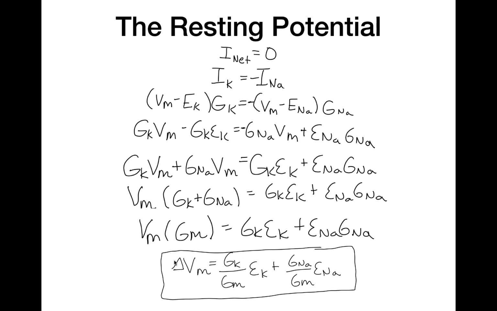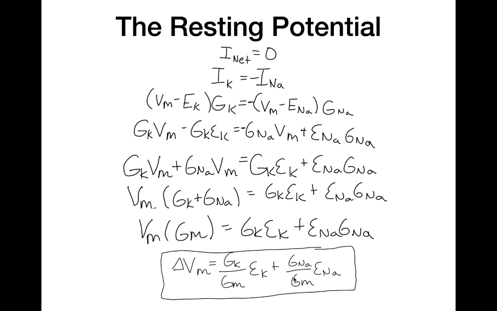Now, inside this equation, first of all, the delta Vm stands for the membrane potential. And the membrane potential is basically the voltage across the membrane. And what we see is that the membrane potential is going to be a function of the relative conductances of each ion and their equilibrium potential. So this term right here, the GK over the GM, and the GNa over the GM, is going to be the relative conductances.